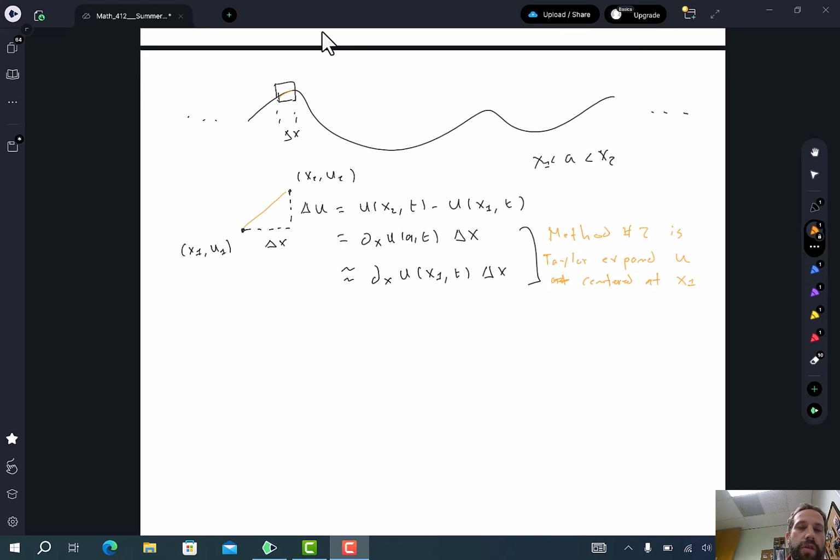I'm going to call this orange part L2. Why am I calling it L2? I'm going to say that delta x is L1. I'm going to think about the potential energy in a string as modeled by the potential energy in a spring.